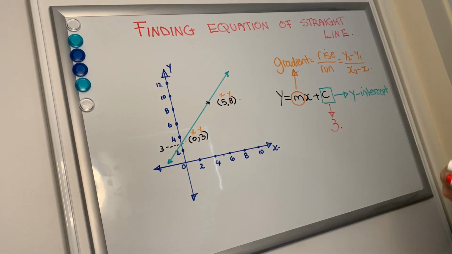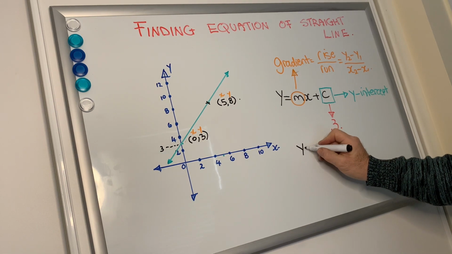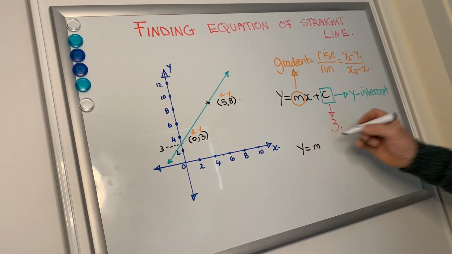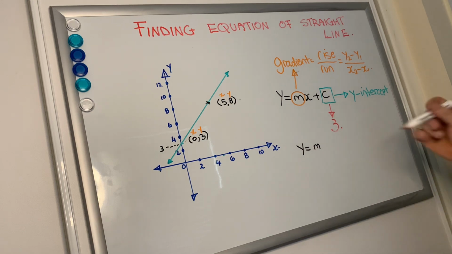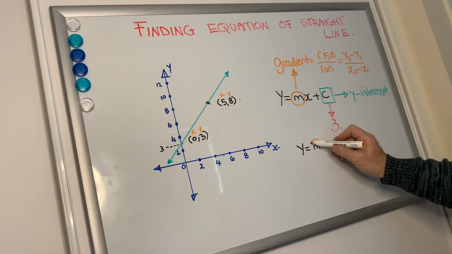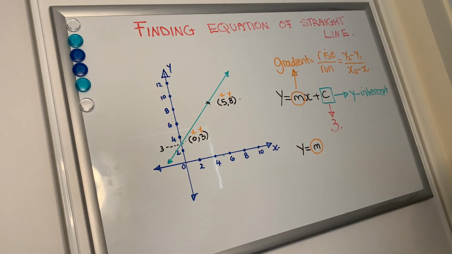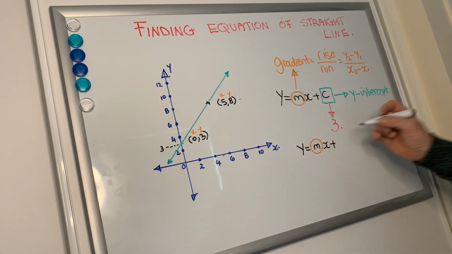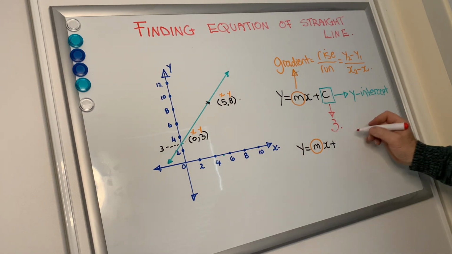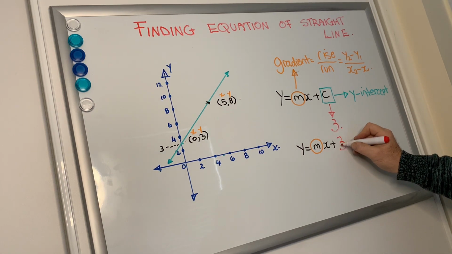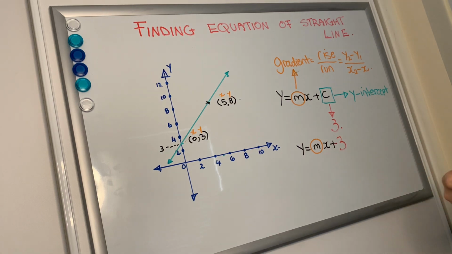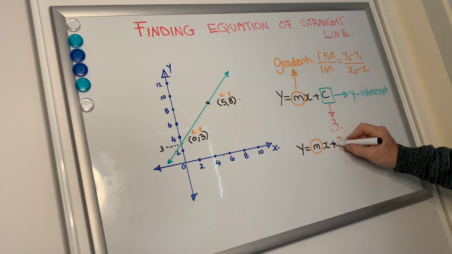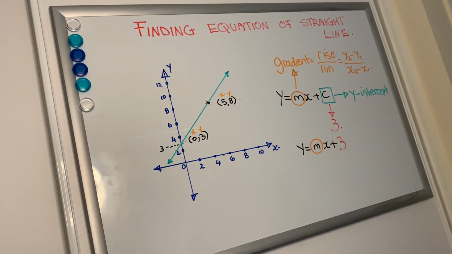We can already start writing it down and say that y is equal to m, with a circle around it because we still have to find that, mx plus, and I'm going to write this y-intercept 3 in red, because we already have it. Let's go through and find the gradient.